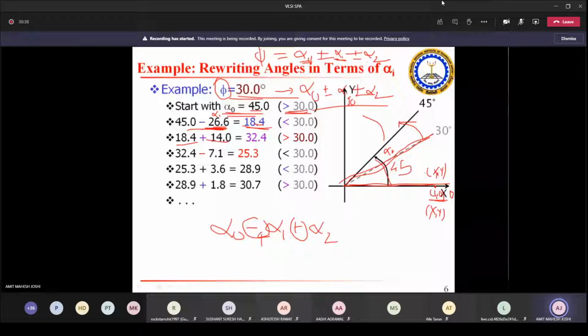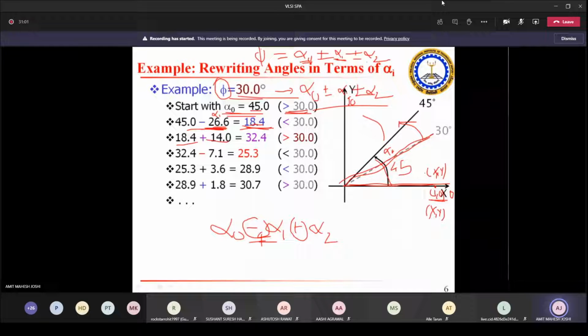Okay. Initially, the difference was positive. The difference of what? The difference of whatever my present angle is minus whatever angle I am looking for. So 45 minus 30, a positive value. So that gives me that the next value is minus, so that is minus alpha. Now, again I am getting 18.